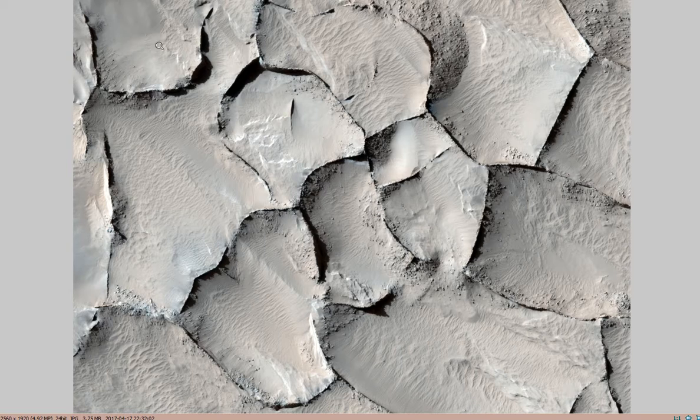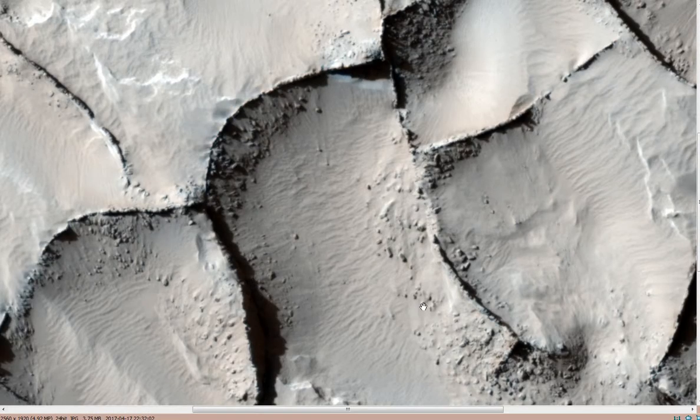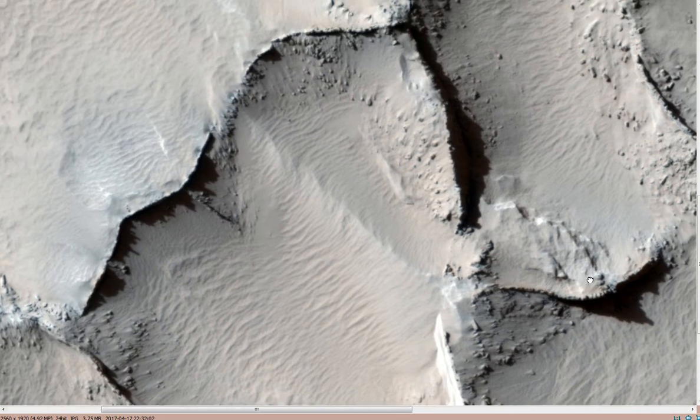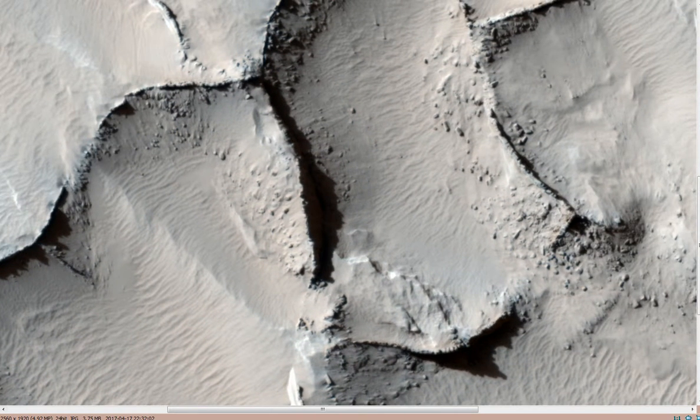But my main point here is, let me get this magnified up here just a little bit so we can see what's going on here. Now the spaces that are in between these polygons originally, and let me see, I'll pull this one up here.